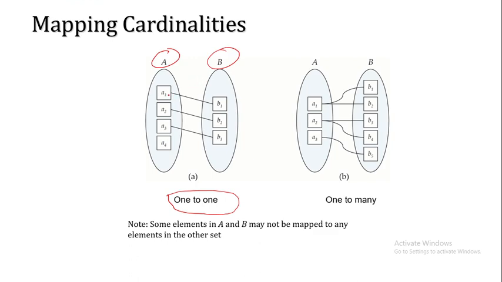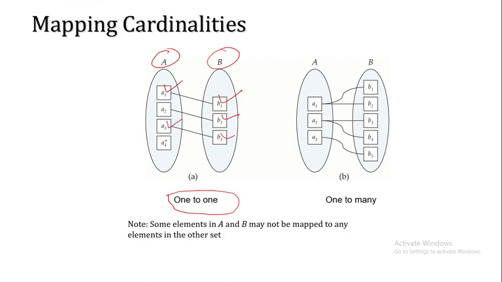In this case we have four entities in A, and they are being mapped with entities in B. A1 is mapped with B1, A2 is mapped with B2, and A3 is mapped with B3.